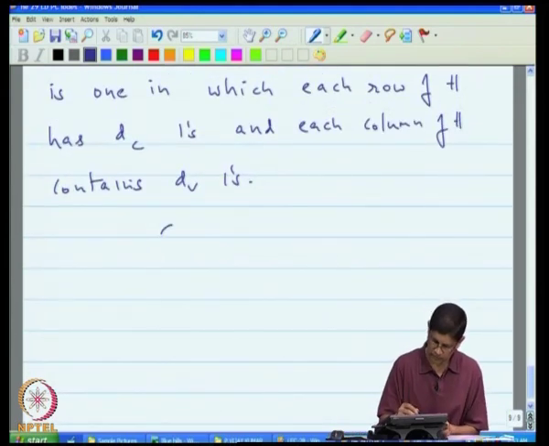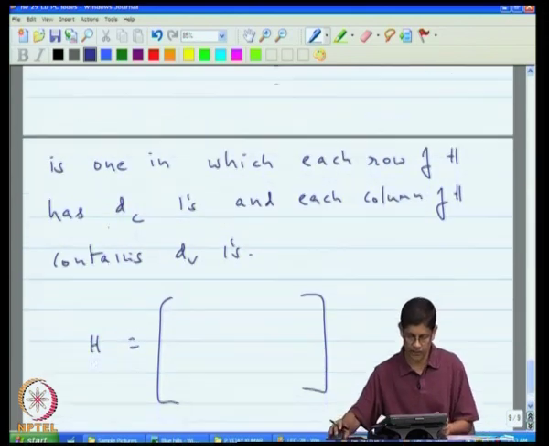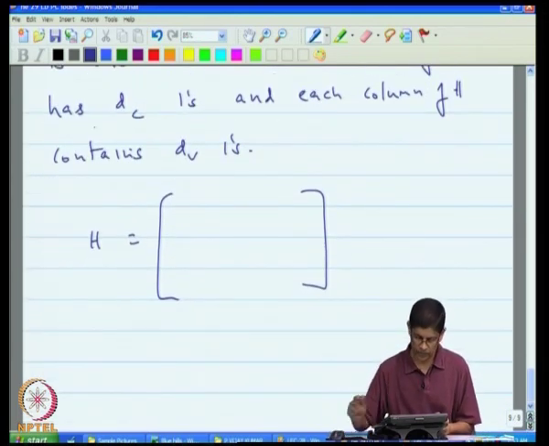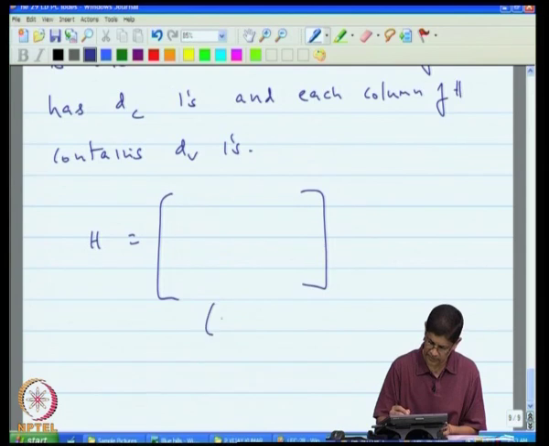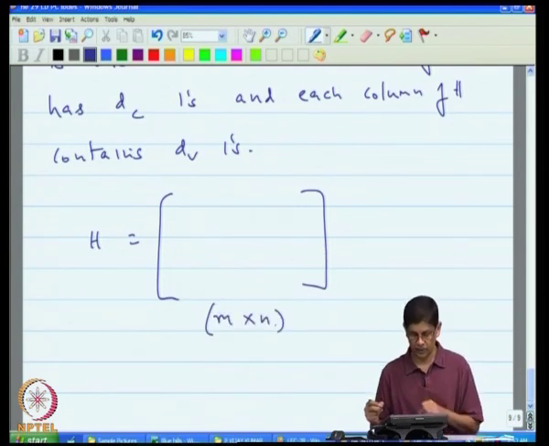In this case, your H is not n minus k by n, but simply let us just say that it is an m by n matrix.